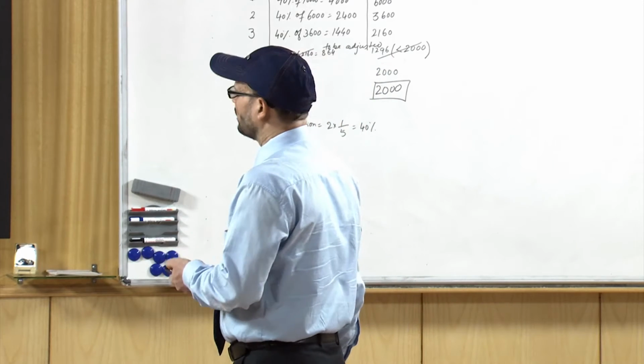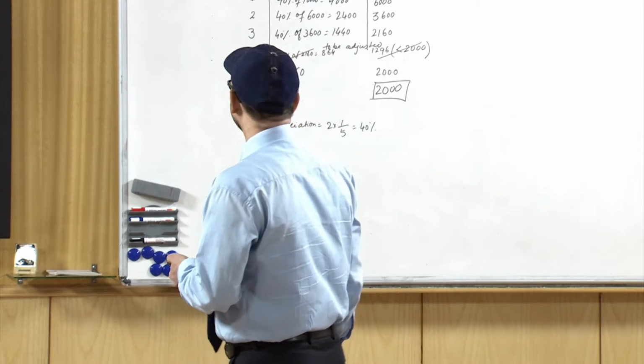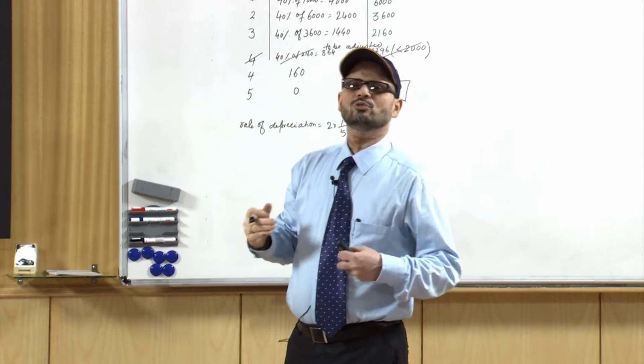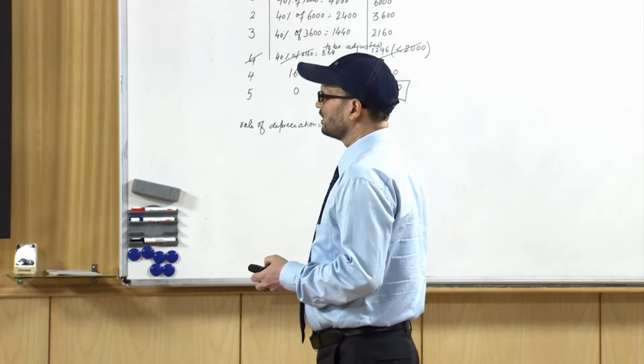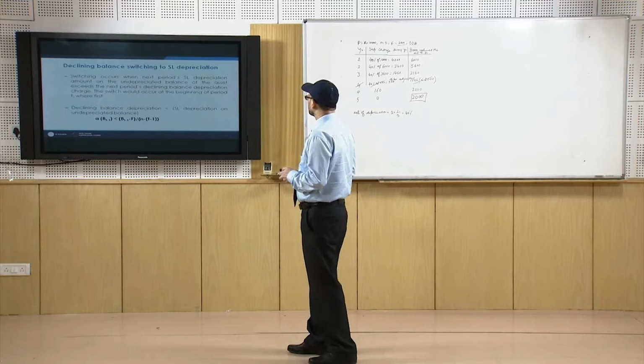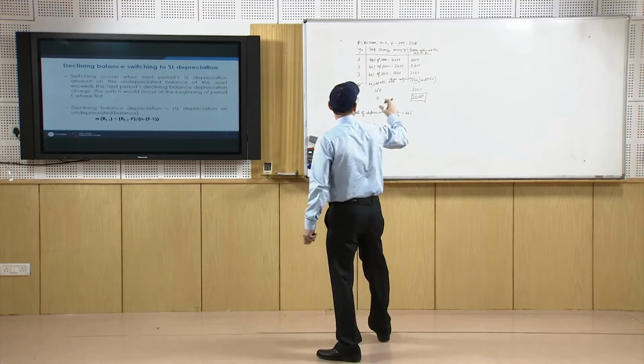So, this is how we adjust the salvage value to be 2000, and this is the depreciation schedule which should be followed.